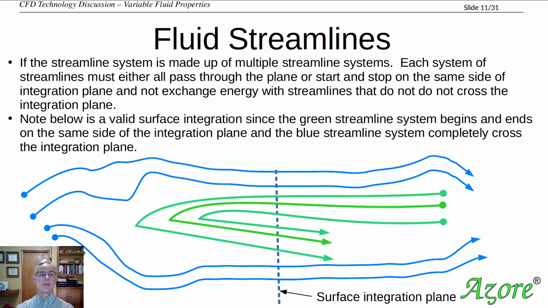Since they're enveloped in the blue streamlines, we can presume that all of the energy that may have left these green streamlines could enter the blue ones and then come across the plane again. So this would allow us to have a valid integration plane.